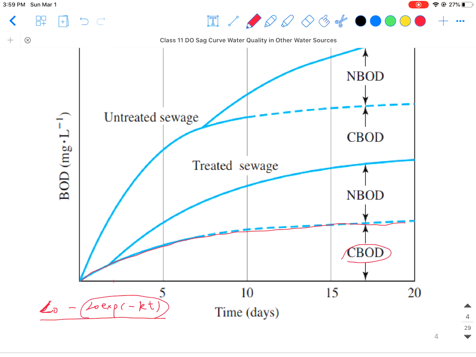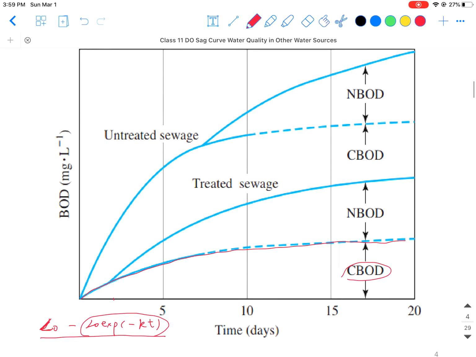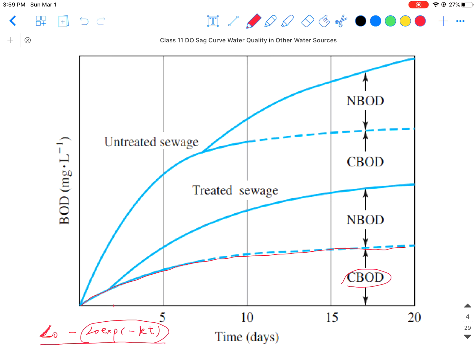This provides us a reversed exponential curve. And as we have introduced, for the bacteria oxidizing these nitrogen species, there is normally a delay time. Because of this delay, the NBOD builds upon the CBOD.